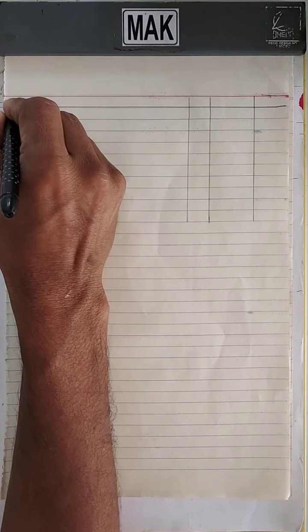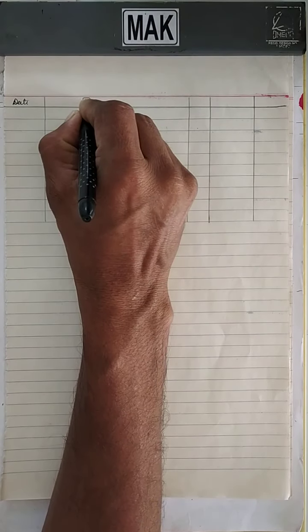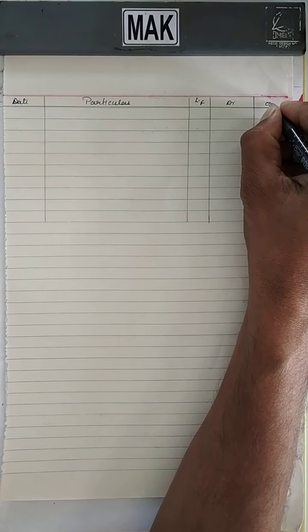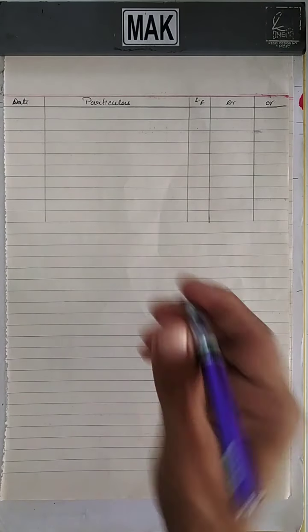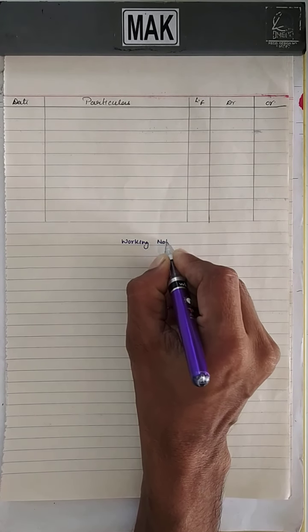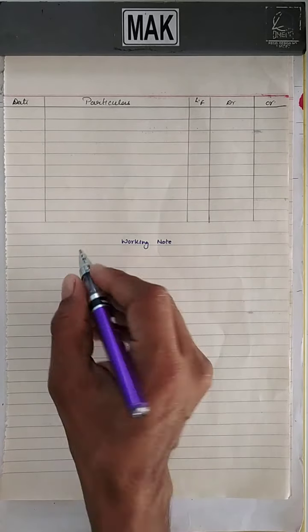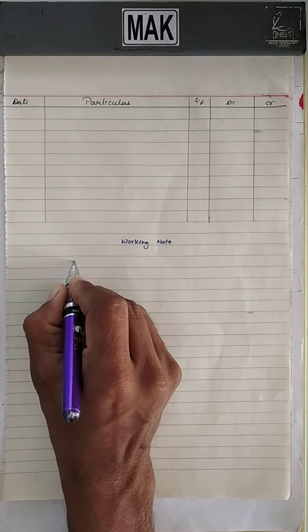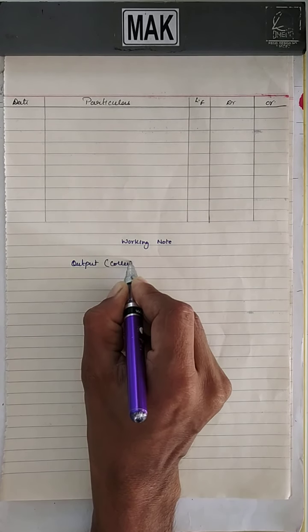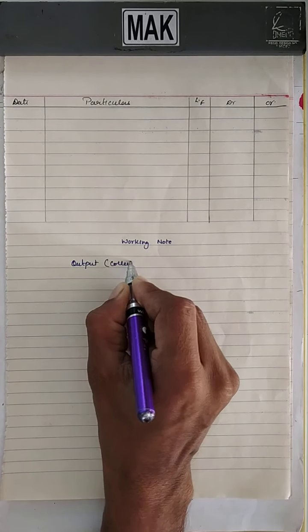So for the last entry we will have date, particulars, ledger folio, debit amount, and credit amount. The calculation working note we will see here. What I already told you in previous videos, here we will write output, output means tax collected, and input means tax already paid while purchasing.